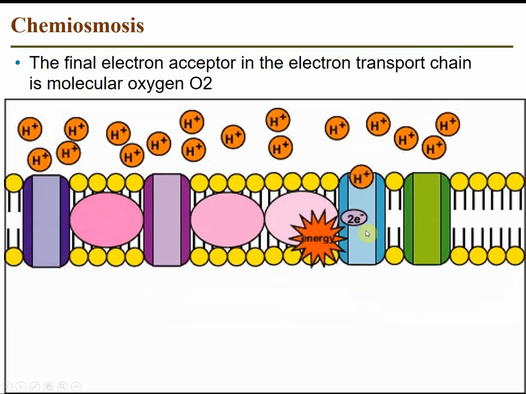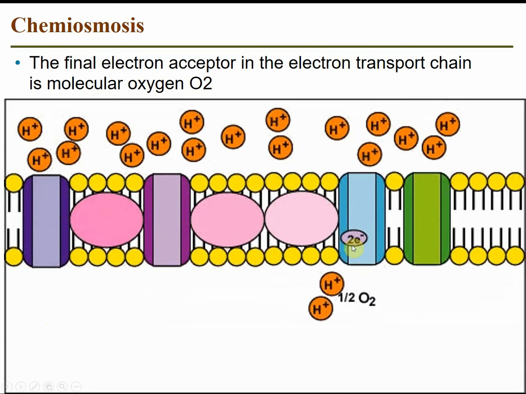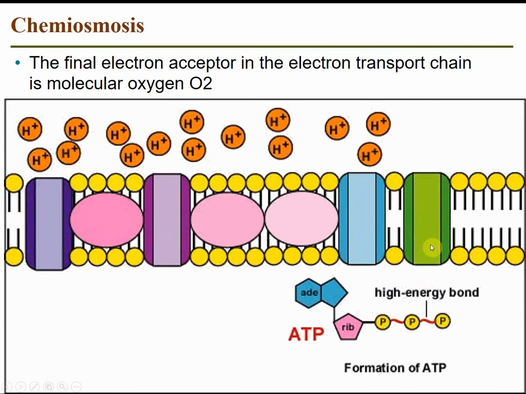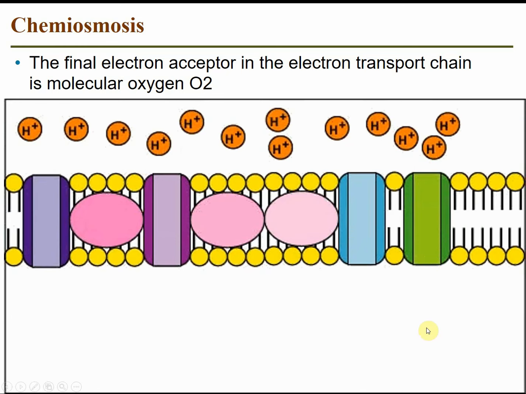Now at the end of the chain, this electron is depleted, so it binds to oxygen, forming water. And now it's exited the chain and the flow can continue. Now our new hydrogen gradient diffuses down ATP synthase, provides the energy to form that third phosphate bond of ATP.